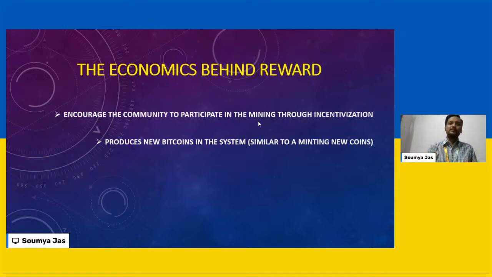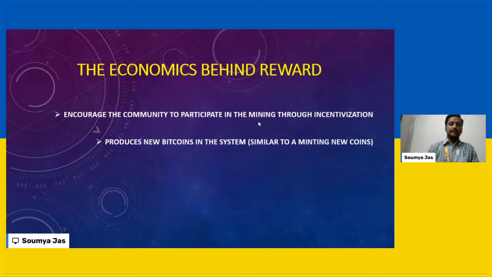After investing this computational power, you solve that puzzle and mine a new block. You are actually generating a new Bitcoin into the market.